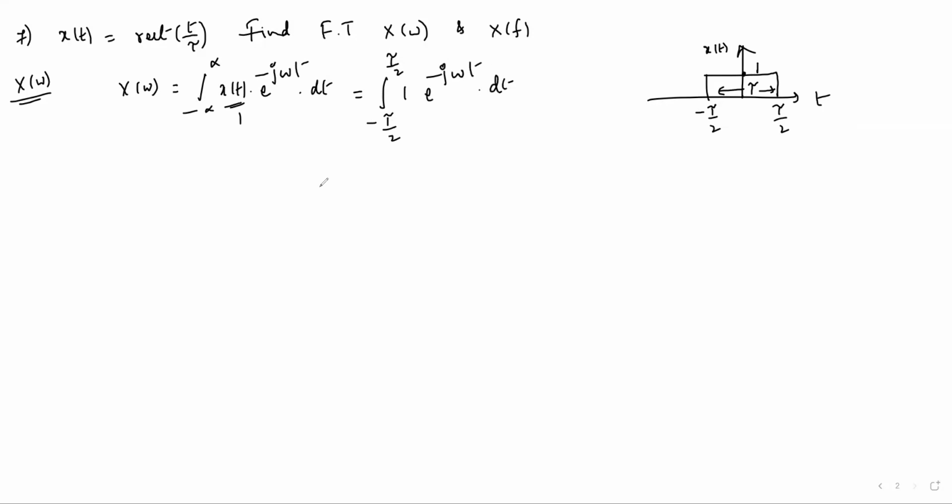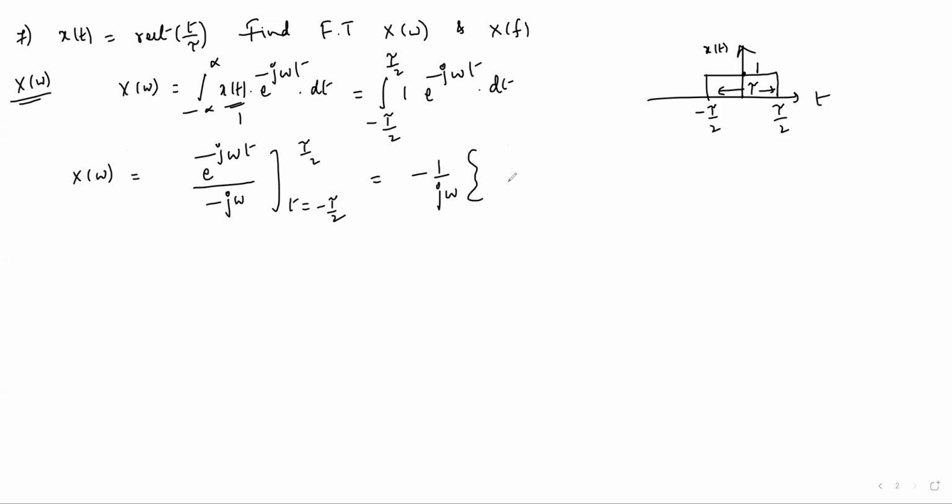A single exponential signal. Let us integrate this exponential now, so that it is e to the power of minus j omega t divided by minus j omega, with the t limits minus tau by 2 to plus tau by 2. This is equal to minus 1 by j omega.